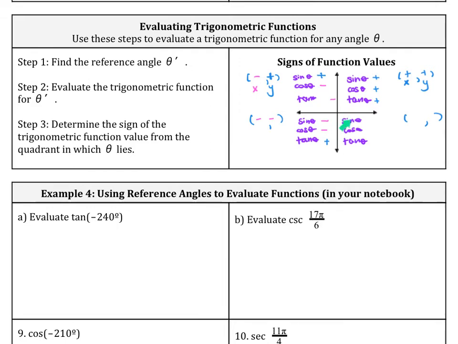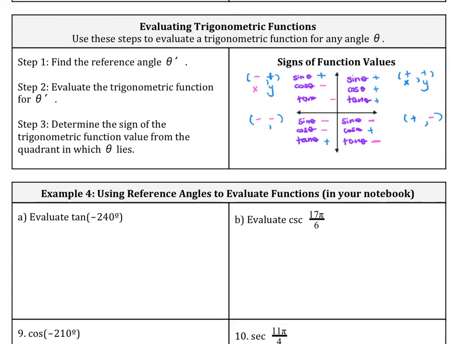In this quadrant, the x value is positive, and the y values are negative. So sine of theta, our y value, is negative in this quadrant. Cosine is positive. Tangent, again sine over cosine, is a negative over a positive, which means it is negative in this case.